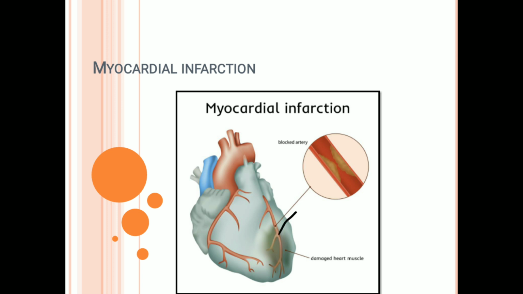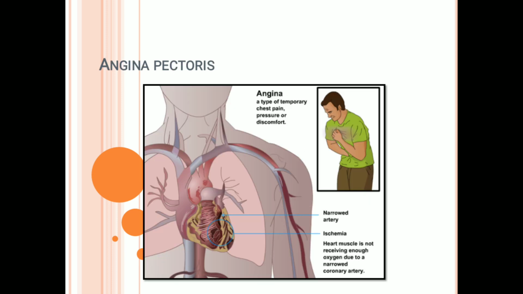You can see the thrombosis, a blockage in the blocked artery. If there is a blockage in the artery, it obstructs the blood flow, and that will result in a heart attack. So if there is a blockage in the blood vessel supplying the heart, it will lead to myocardial infarction, otherwise called a heart attack.